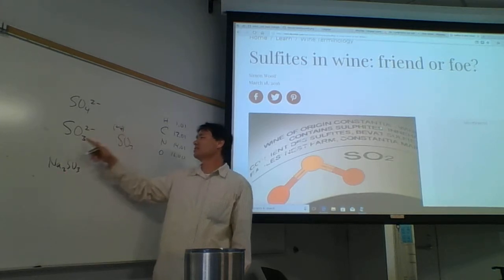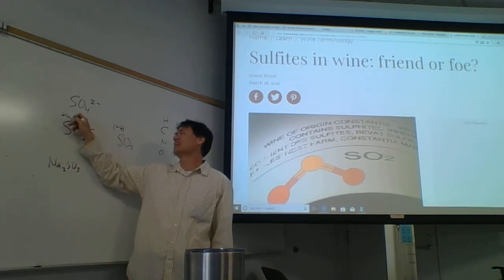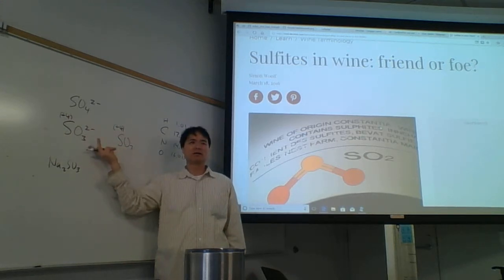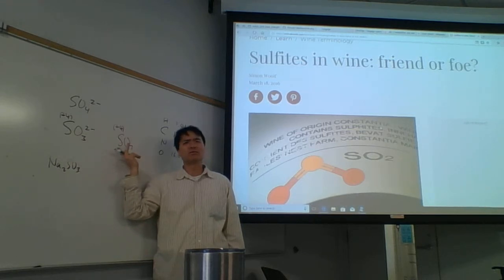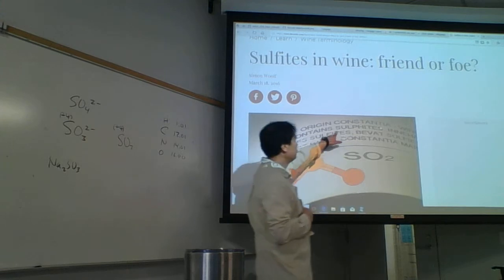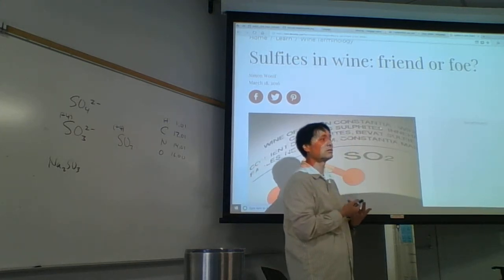What is the oxidation state on sulfur here? +4. So actually sulfite and sulfur dioxide are going to have very similar redox properties because sulfur is +4 in both of these. And so the reason I think they use sulfites instead of sulfur dioxide is, one, sulfur dioxide sounds like a very toxic gas.